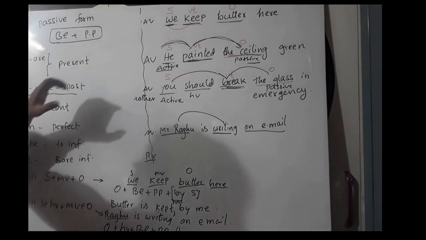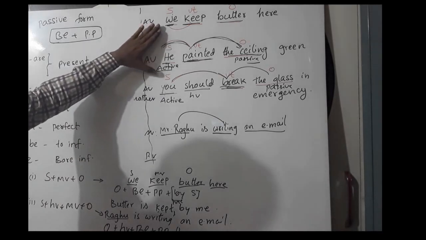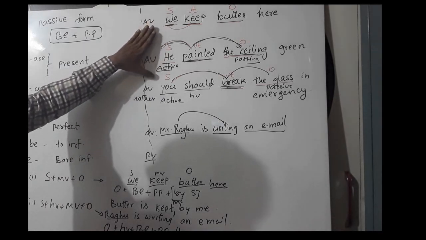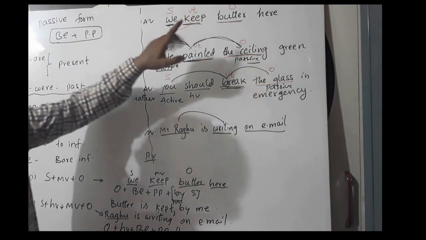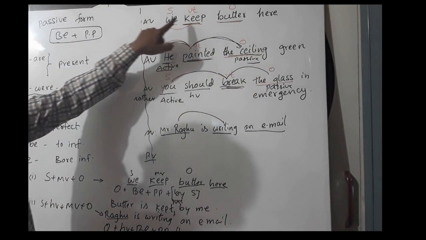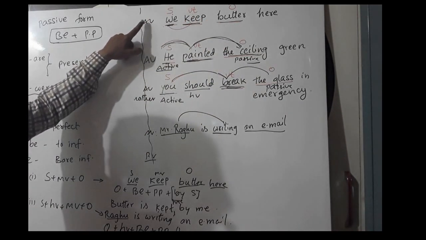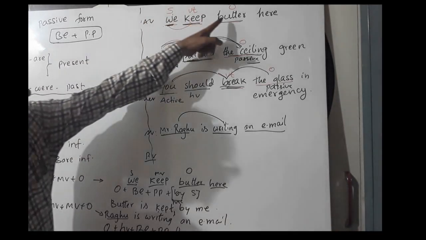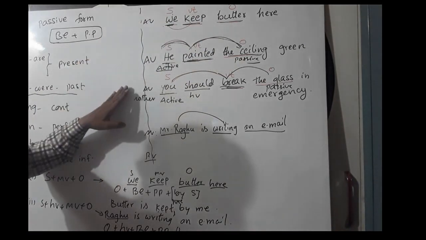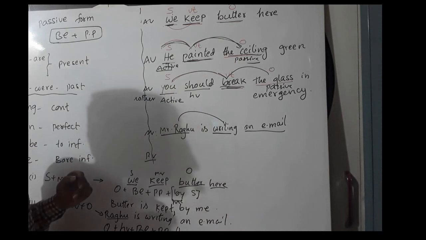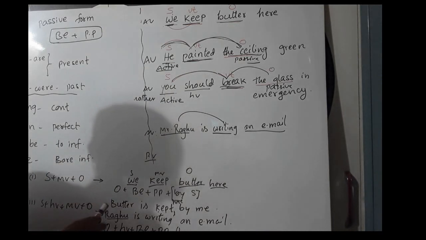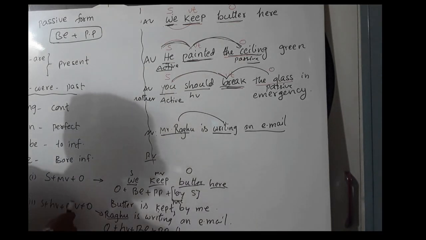Once again, if the subject is important, you place the subject first and the object goes next. Since the subject plays an active role in this action, it is said to be active voice. When you place the object first, the object plays a passive role in this action, and it is said to be passive voice. Now, there are two formulas to be remembered.